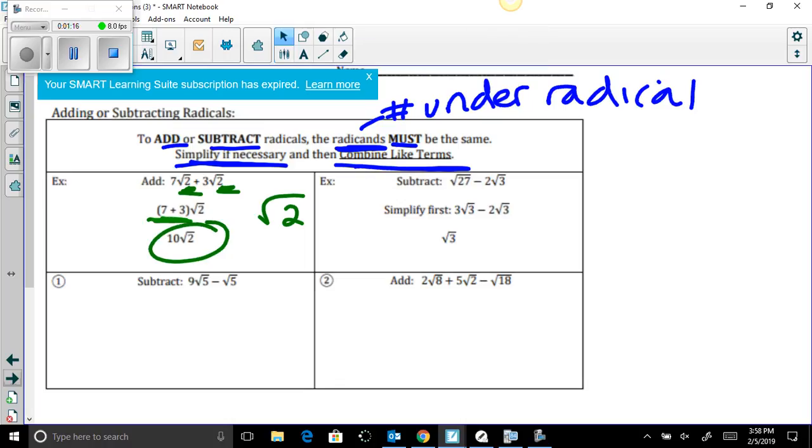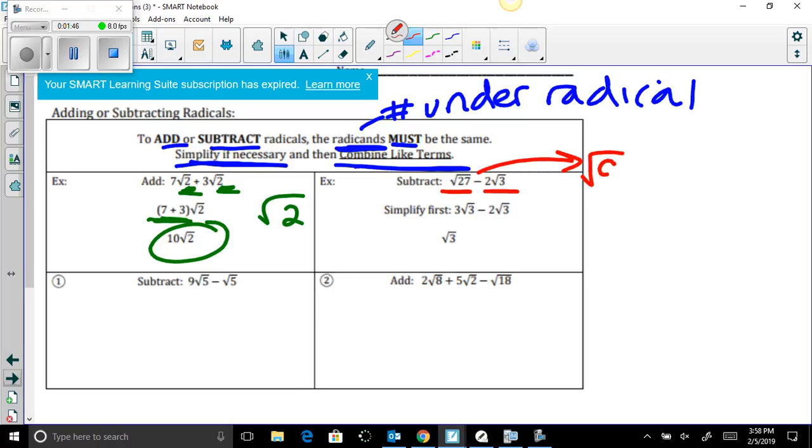The next one is not as easy, because if you notice, the radicands are not the same. So ask yourself, can I simplify these radicals in hopes that I can then get them to have the same radical so I can actually go ahead and subtract like it's asking me? So 27, it's not a perfect square, but ask yourself, what two numbers multiply to give me 27, one of them being a perfect square?